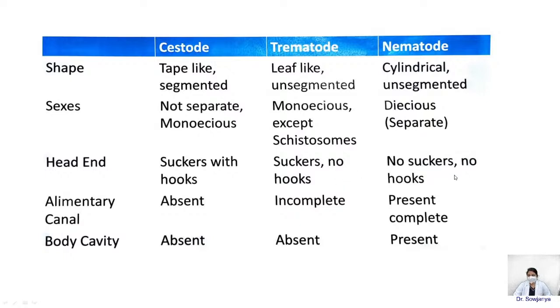In nematodes, the head end has neither suckers nor hooks. And there is no alimentary cavity in cestodes, and it is incomplete in trematodes, but it is completely developed in nematodes. The body cavity also is absent in cestodes and trematodes, but present in nematodes.